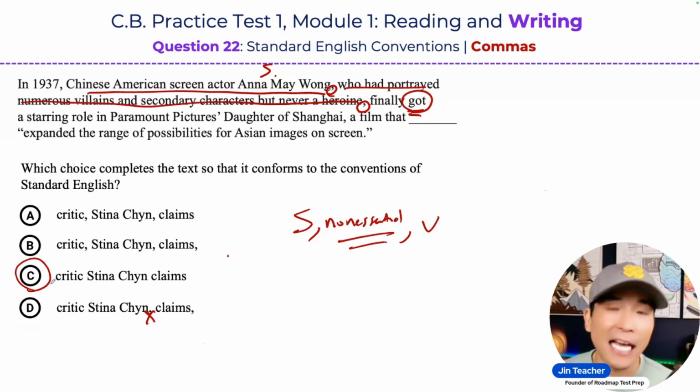But just know that when the question is testing you on more than one concept, the best way to solve these questions is by focusing on one concept at a time. That's why you saw me working on just the appositives first before I moved on to this second comma rule, the comma between the subject and the verb.